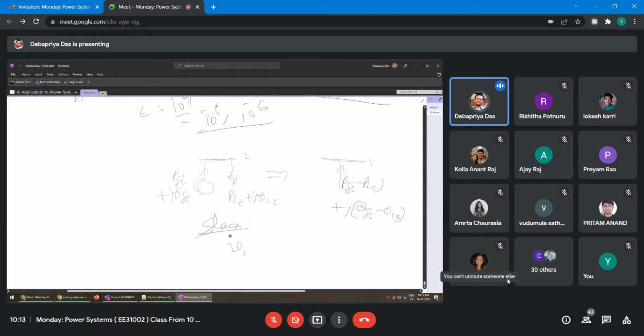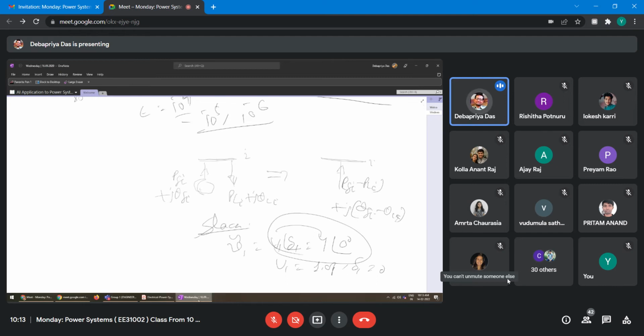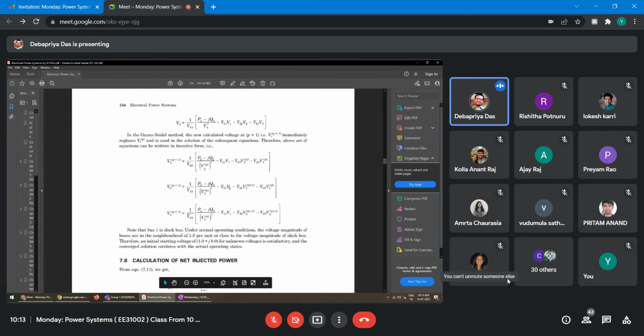If I make V1 phasor equal to magnitude V1 angle delta 1, that is nothing but 1 angle 0 degree. Generally we consider the voltage magnitude V1 as 1.0 and delta 1 equal to 0. So this voltage is fixed and will not change iteratively. Therefore for V1 there is no need to put p, because it is constant. The slack bus voltage is specified.